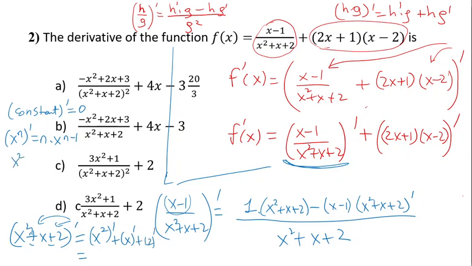Now you can use this one here, x squared prime is equal to 2 times x to 2 minus 1, which is 2x to 1, so which is 2x.